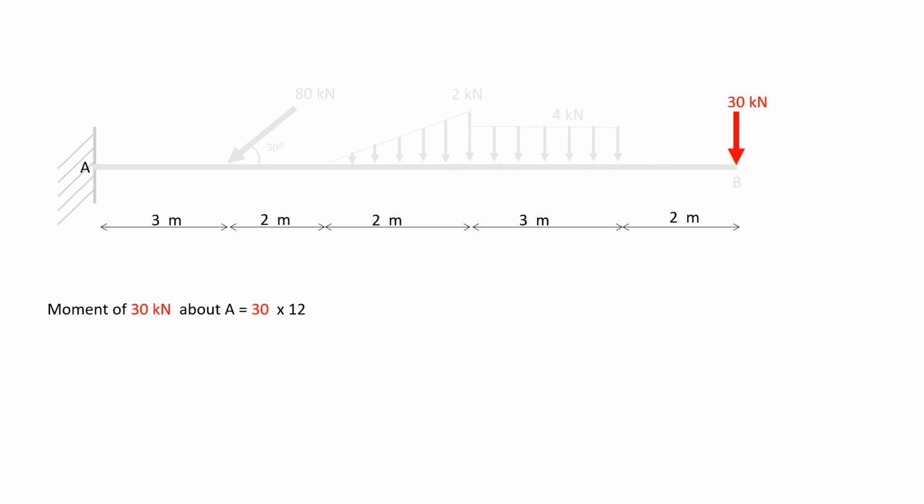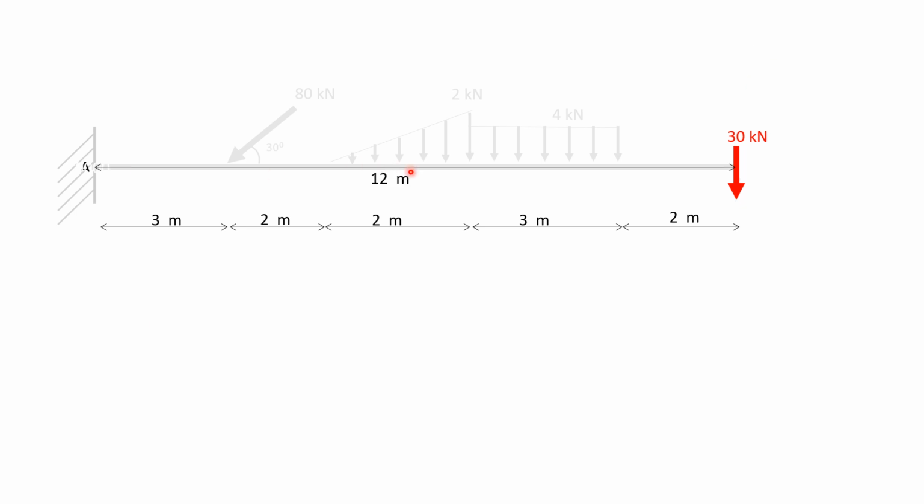This 30 kilonewton force will pass through line of action of force like this, and it will have perpendicular distance about point A of 12 meters, and it will rotate about point A like this, and it will have magnitude of moment of 30 into 12.